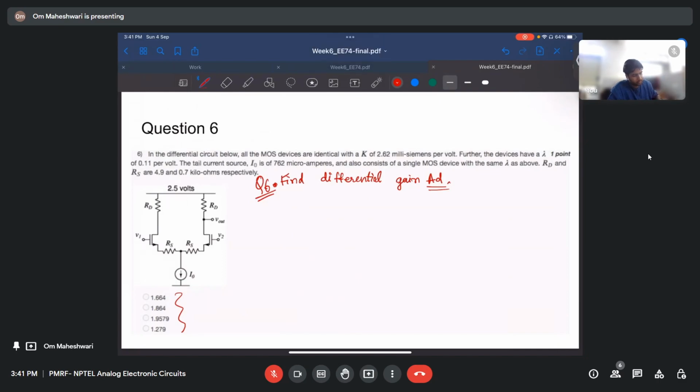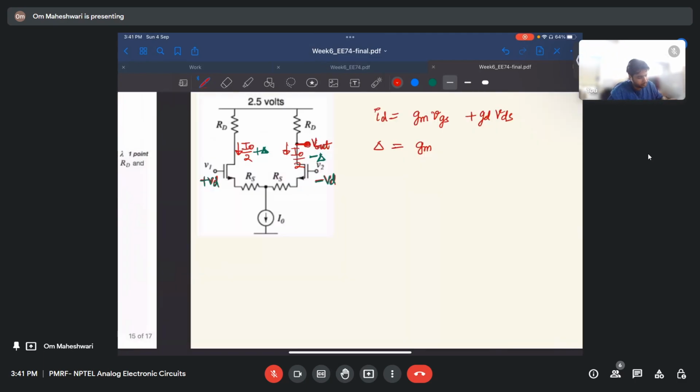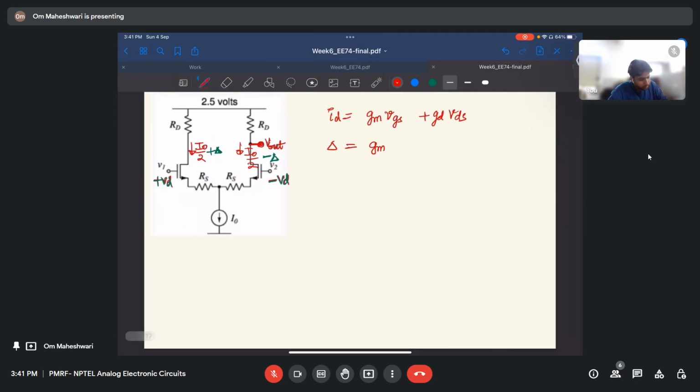Yeah, there are only two transistors, so GM will be same. GM. What is VGS? VGS is plus VD minus, so delta current will flow here also, right? Minus delta RS plus GD.